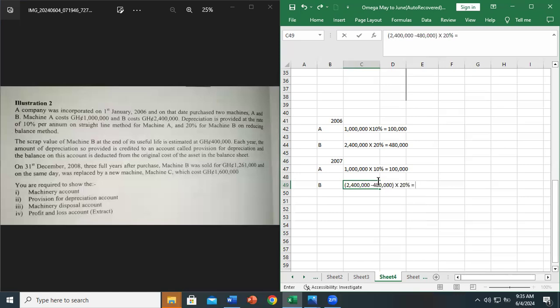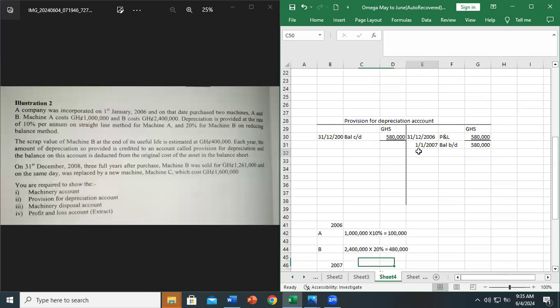So you see, it's very simple. Let's do the calculations and see how much we are getting. So 2,400,000 minus 480,000 times 20%. We are going to get 384,000. So for 2007, altogether, we have 484,000 as the total depreciation.